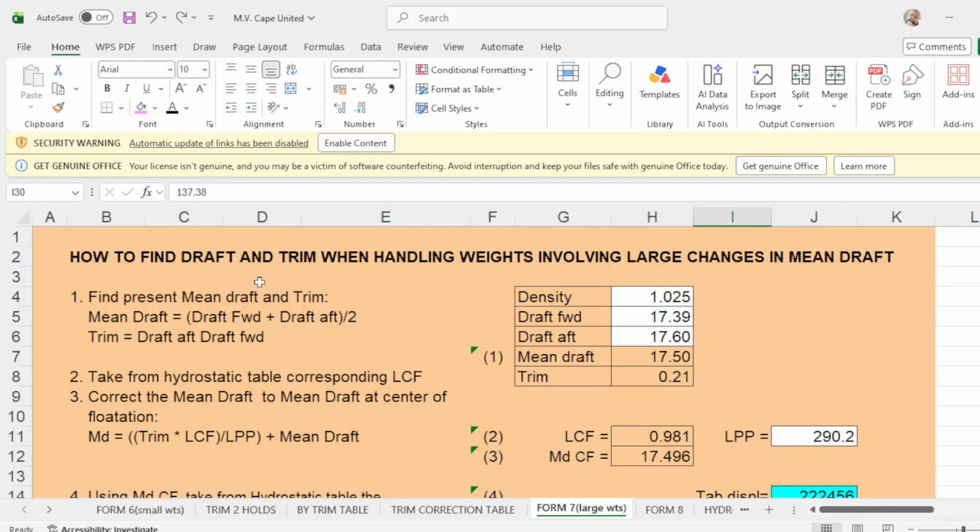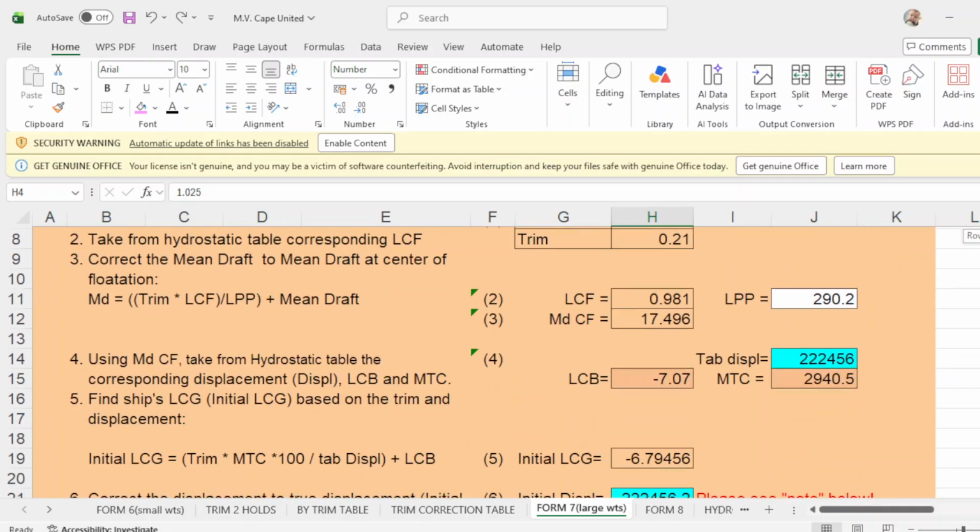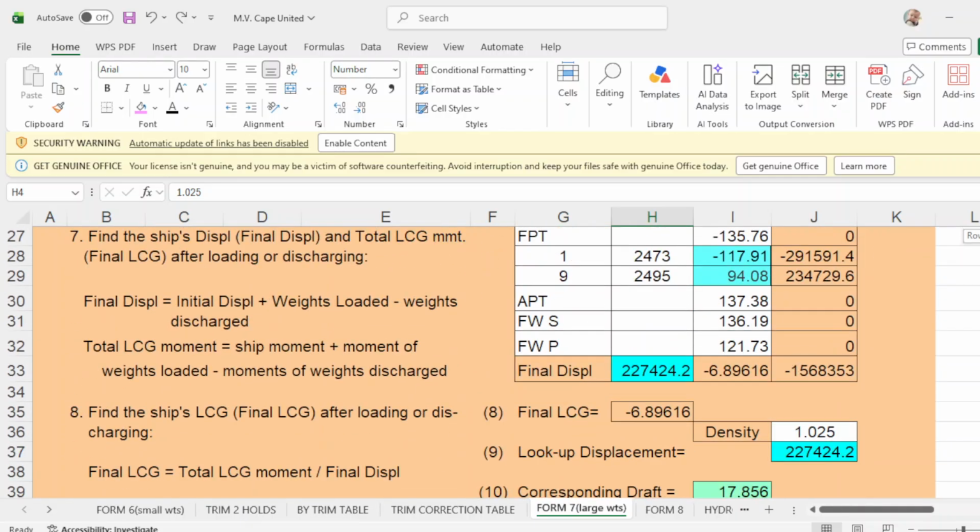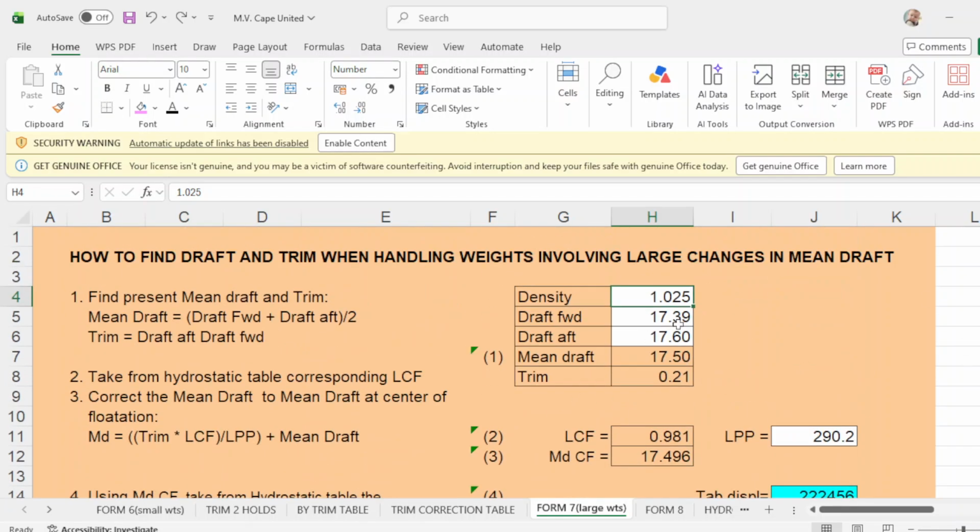How to find trim when handling weights involving large changes. So the shell density is 1025 and after completion is 1.025. The initial drop forward is 1739 and up is 1760.